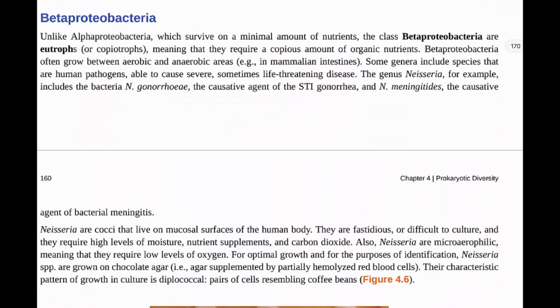So moving on to BetaProteobacteria, our second one after AlphaProteobacteria. Unlike the AlphaProteobacteria, which survive on minimal amounts of nutrients, BetaProteobacteria are eutrophs or copiotrophs, which means that they require copious amounts of organic nutrients.